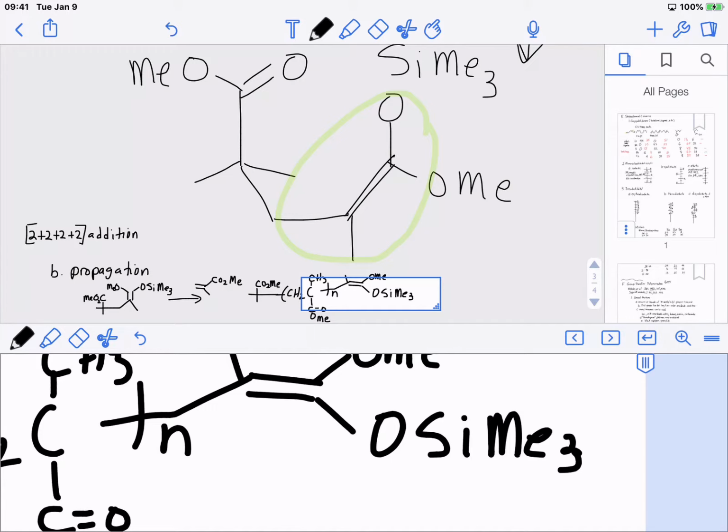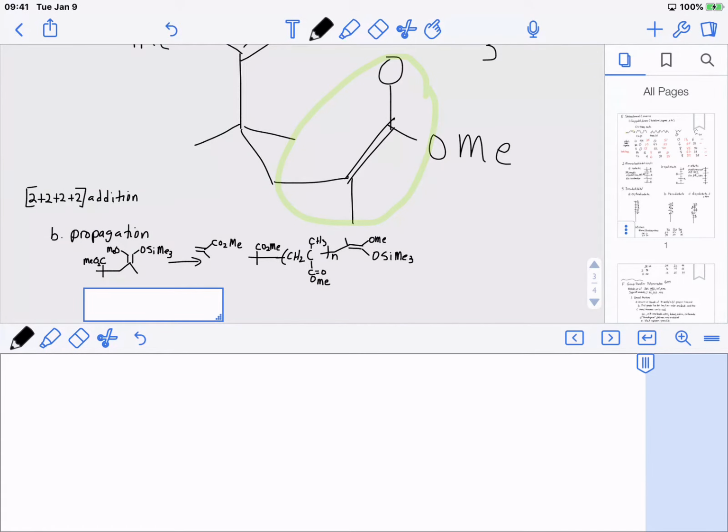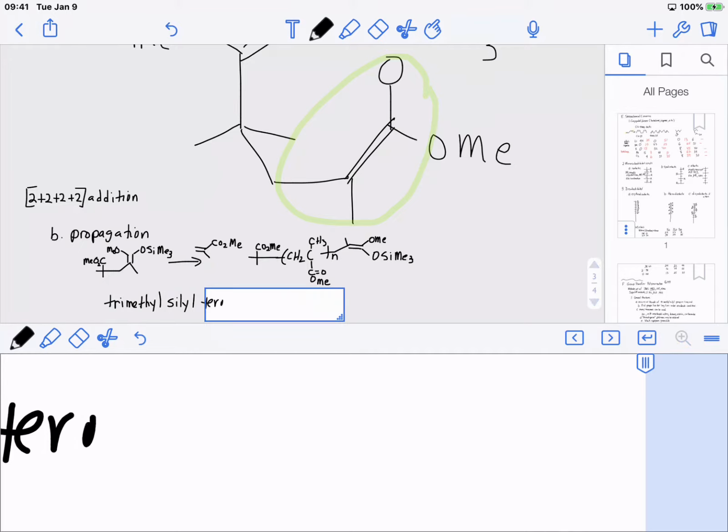So this is a material which is then trimethyl silyl terminated. These are reactive, but they're not super reactive.